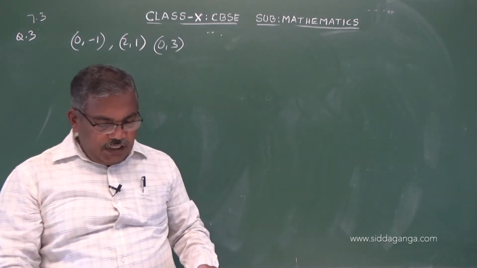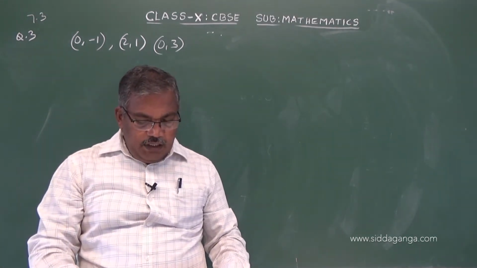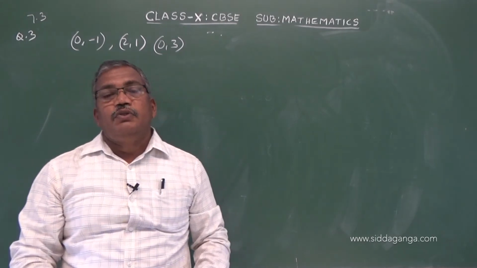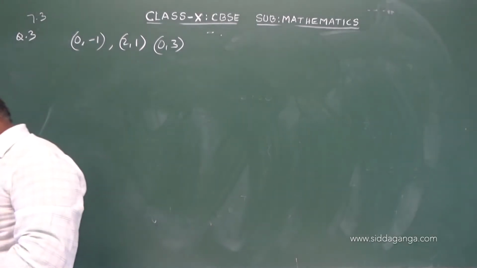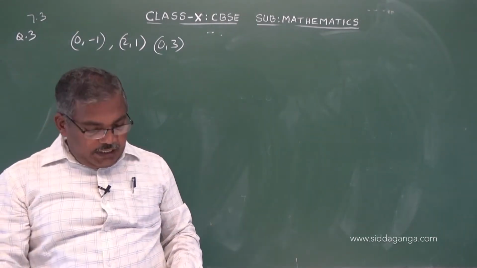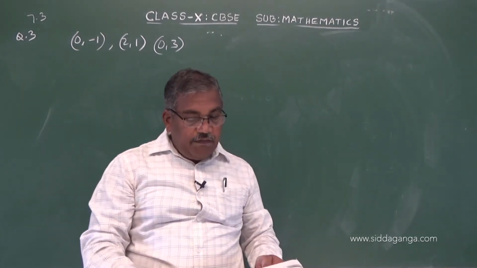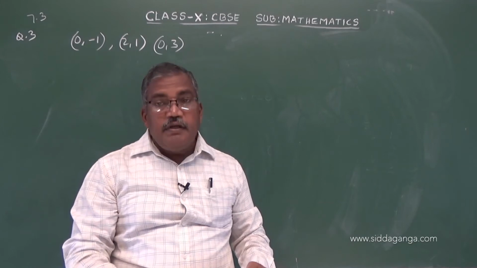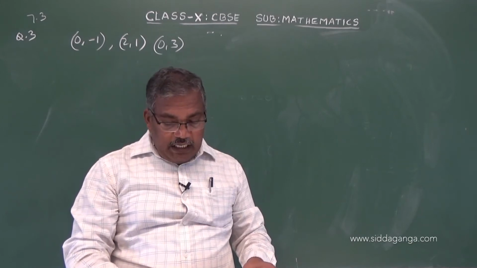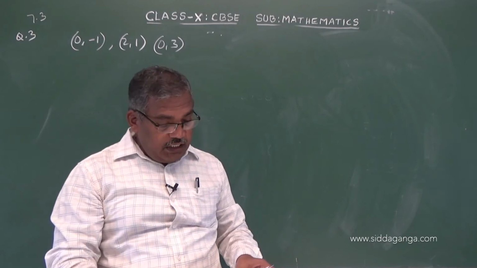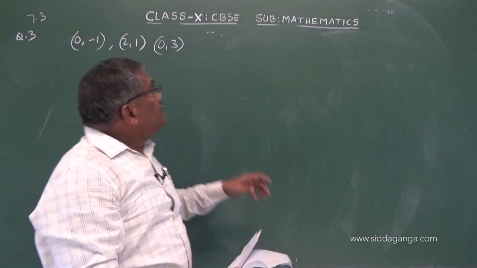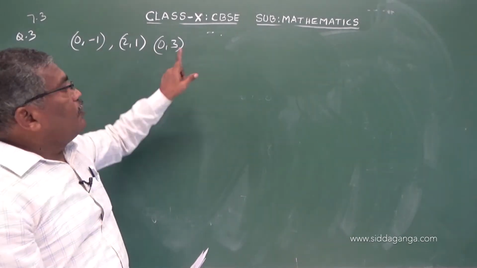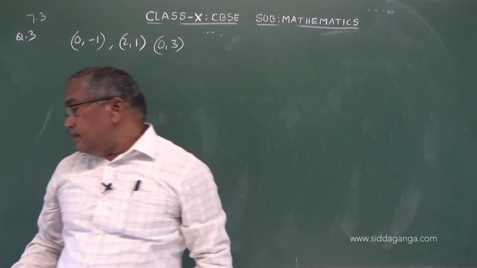Find the ratio of the area to the area of the given triangle. So, try to understand the problem. I will read it once again. Find the area of a triangle formed by joining the midpoints of the sides of a triangle whose vertices are these three points.